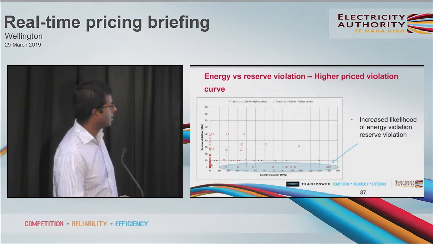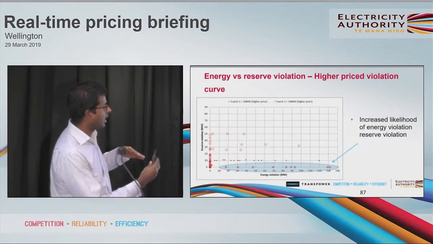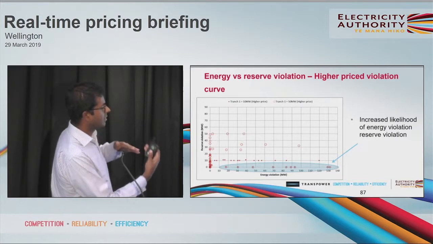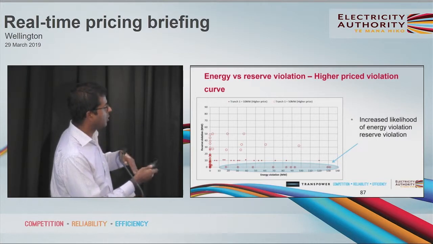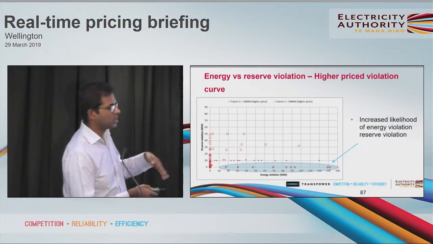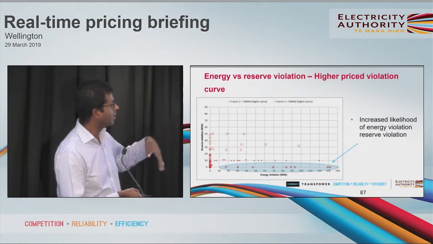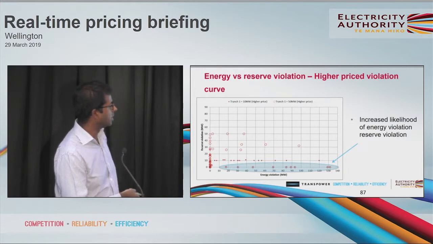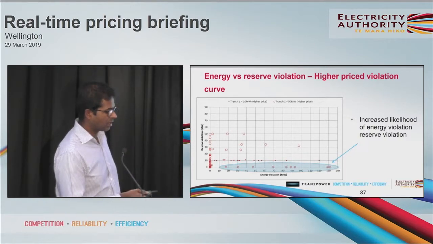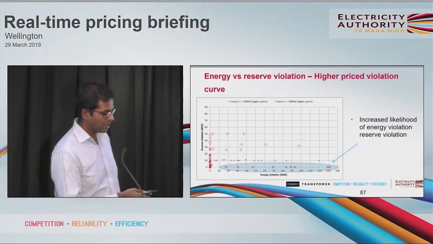If they're too close to one another, the loss effects as well as the marginal cost effects could mean it's actually cheaper to shed load at Kaikoura or Kaitaia than run short of reserves, because of the benefit of losses. So that's the trick: if we make them too close to each other, then we can start getting into energy violation a lot quicker.